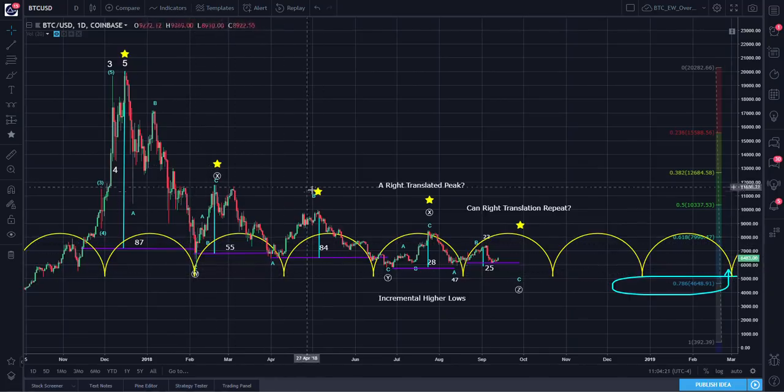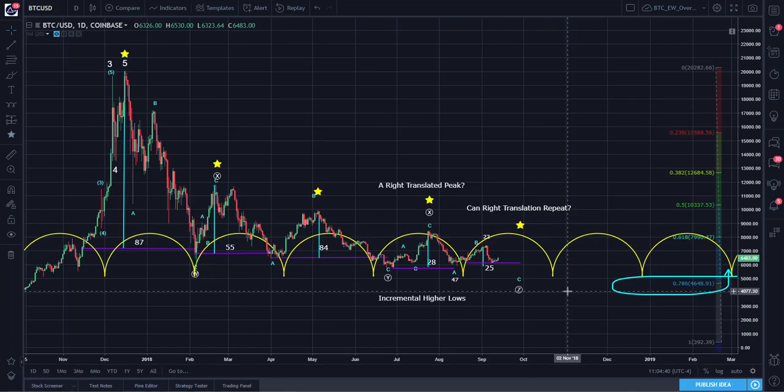Left translated, and meanwhile, voila, wow, we've got a right translated peak. Could we get another right translated peak? Alternate scenario says yes. Let's see what happens.